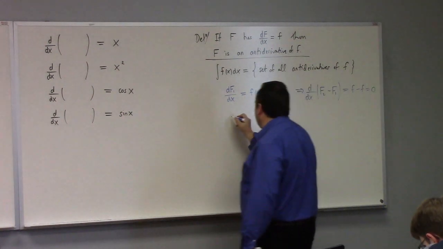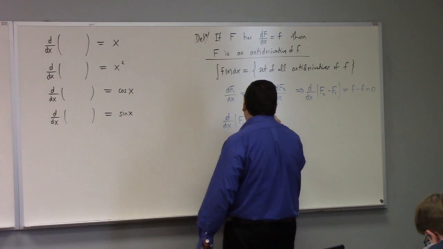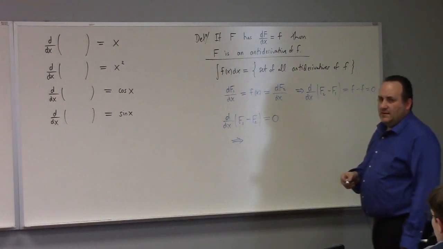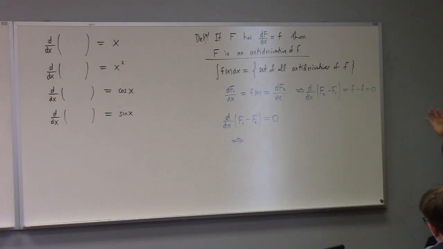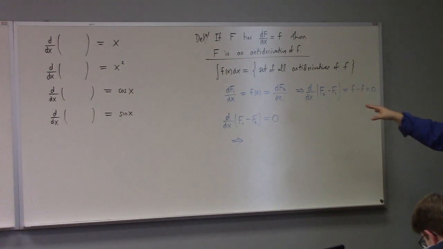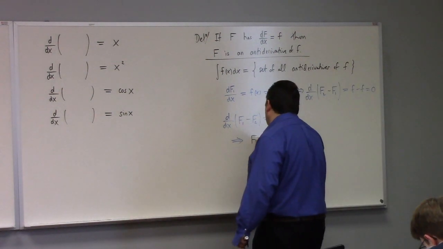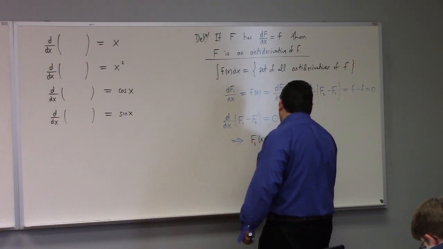So if the derivative of the difference of two functions is 0, what does this tell us? I usually make a big stink of proving that if the difference of two functions has a derivative equal to 0 on a connected domain, that forces the difference to be constant. So F1 of x minus F2 of x is equal to a constant.